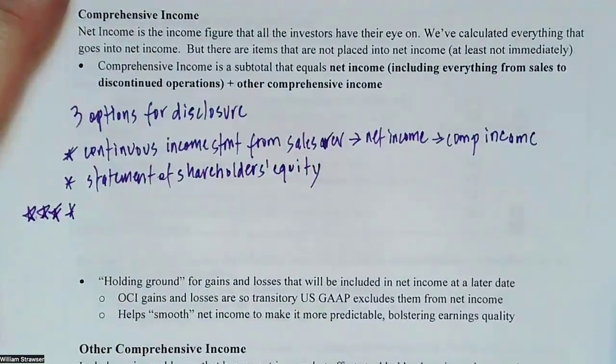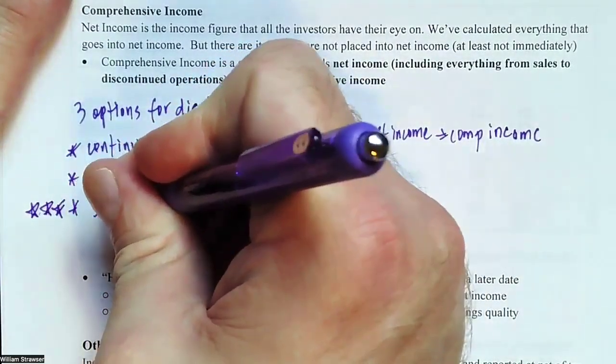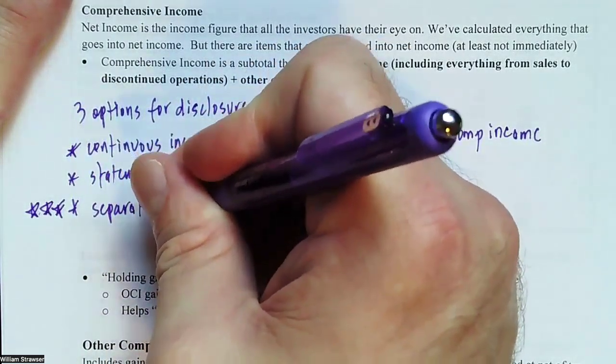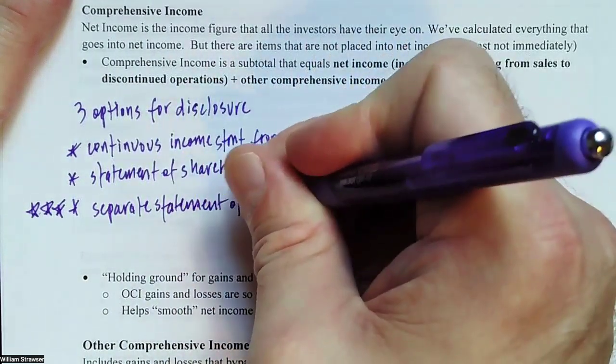This is definitely the most common method of disclosure, a separate statement of comprehensive income.